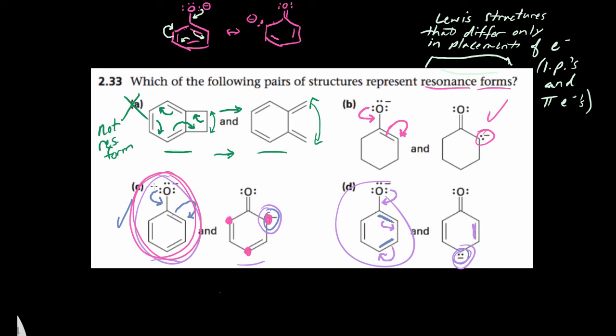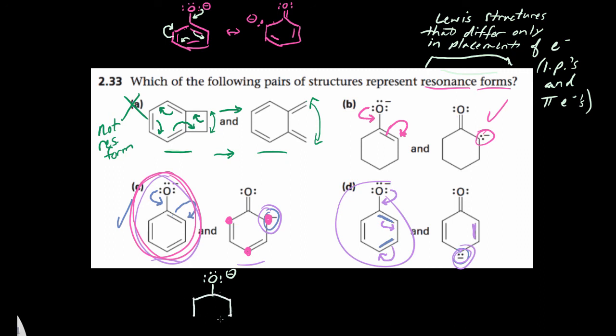Because remember, resonance structures are not different molecules, they're just different representations of the same molecule. So if I were to draw this molecule called phenoxide, and that is not a very neat benzene ring, so let me do that again.